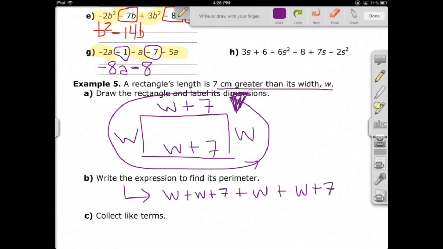How many W's is that anyways? 1, 2, 3, 4. Since they're W's, you wouldn't leave it like this. And this is what we mean by collecting like terms. There are 4 W's, and then there is the number 14. What I'm collecting here are the constants. We know there's 7 there and there's 7 there. Constants don't have coefficients. We just add the constants. You've been doing this your whole life.